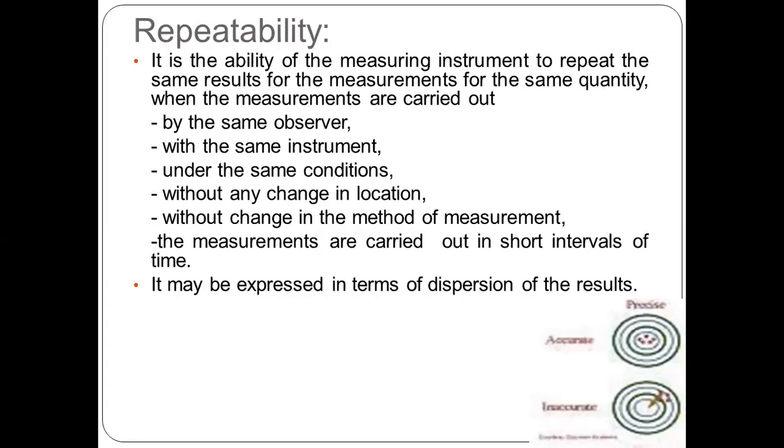Then repeatability. Repeatability means what? It is the ability of a measuring instrument to repeat the same result for the measurement of the same quantity. The same measurements are carried out first with the same observer, second the same instrument, third under the same conditions, fourth without any change in location, fifth without change in method of measurement, and sixth the measurements are carried out in short intervals of time.